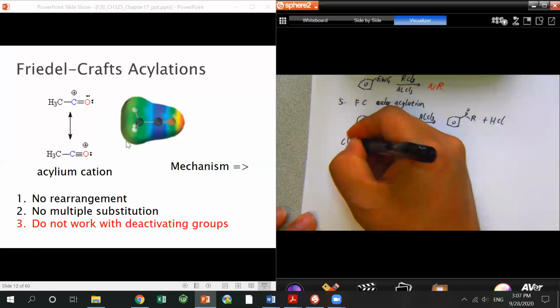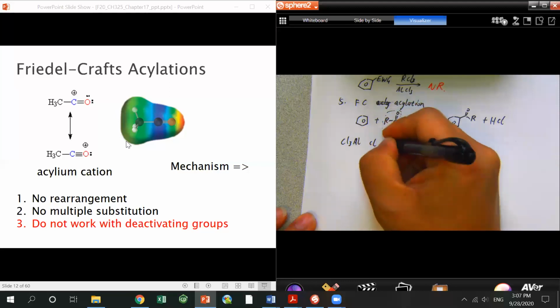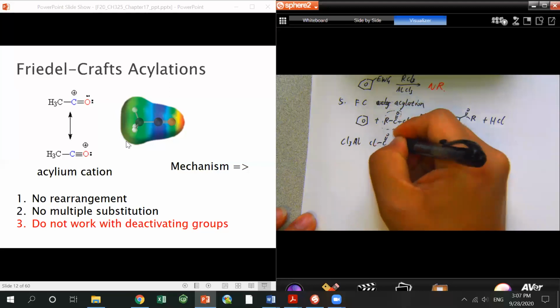Again, we have aluminum chloride as the starting material, the catalyst, and then you have acyl chloride here.